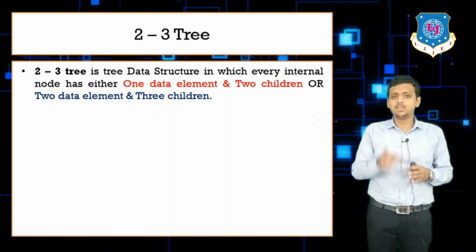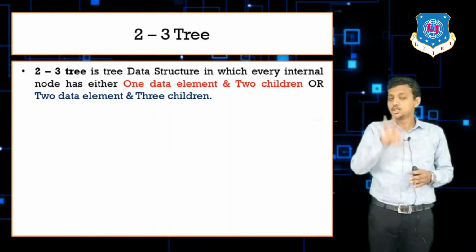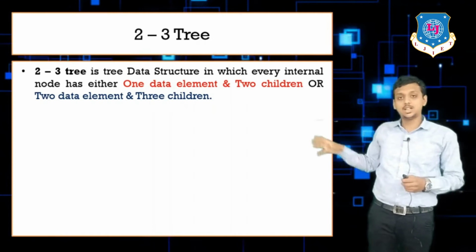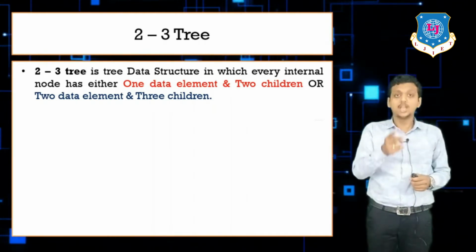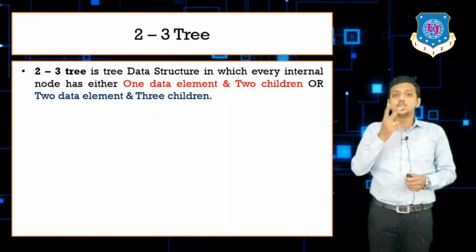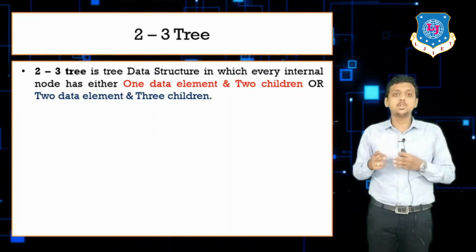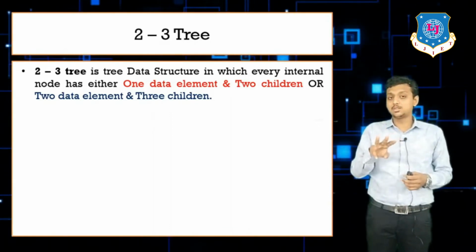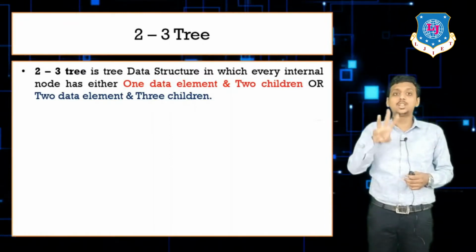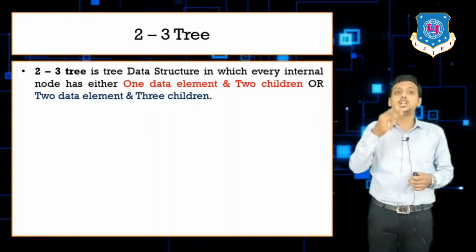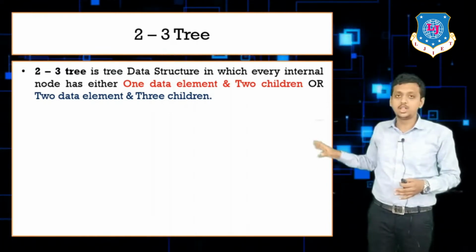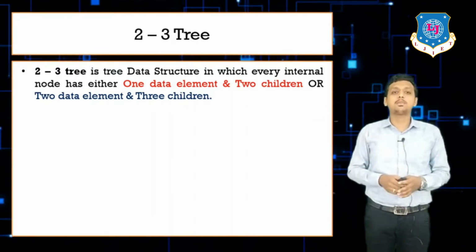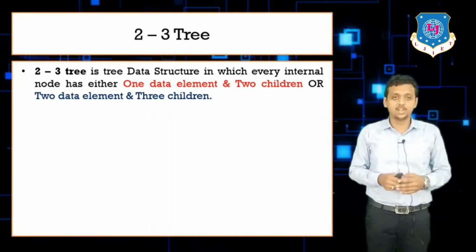What does that mean? Students, if a node contains one data element, the maximum number of children is 2. If a node contains 2 data elements, the maximum number of children is 3. That means a 2-3 tree has either 2 children or 3 children.